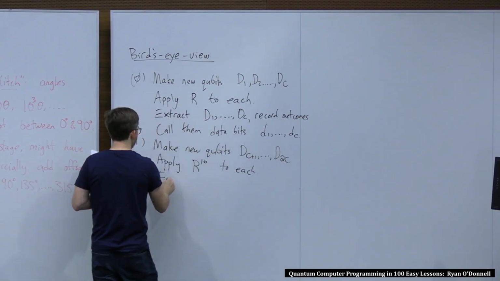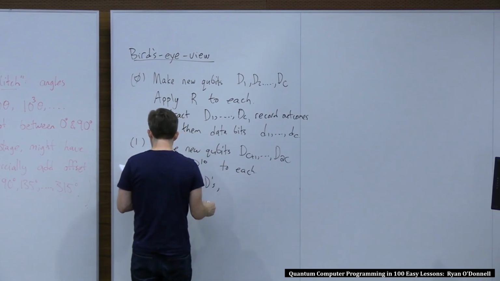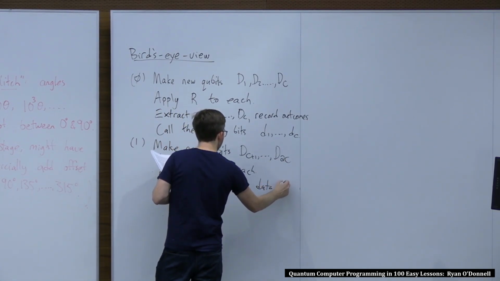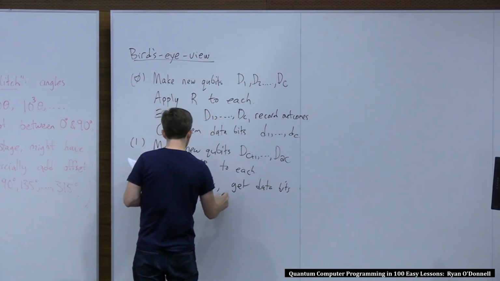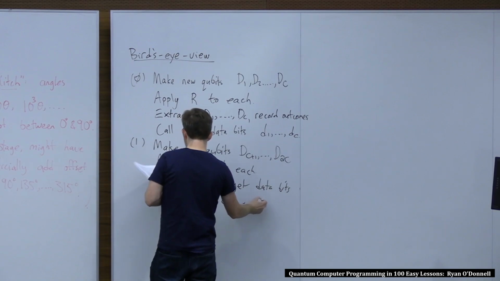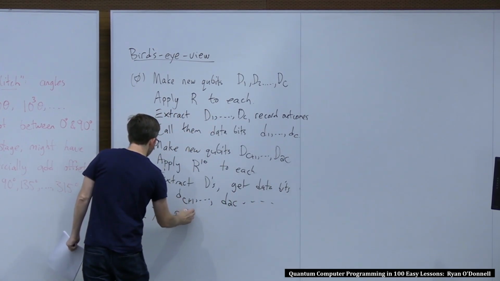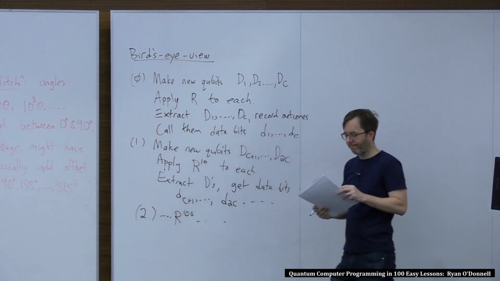We're going to extract all of them and get data bits DC plus 1 through D2C, and so forth. Similarly with R to the 100. Okay, and for N stages.